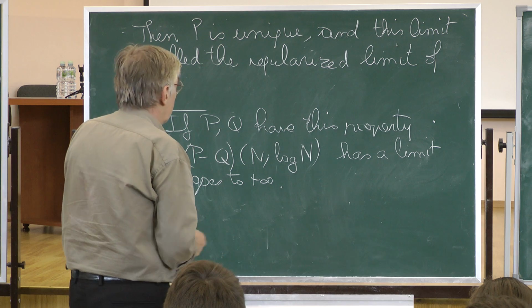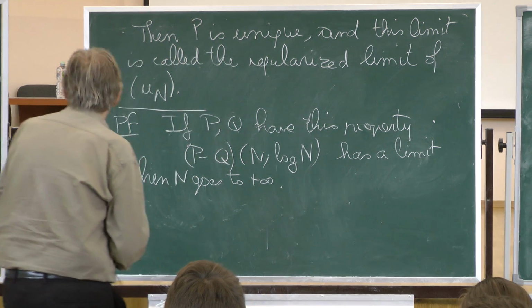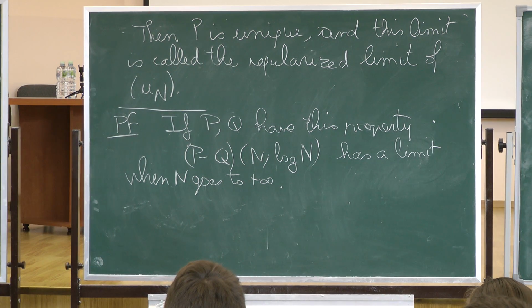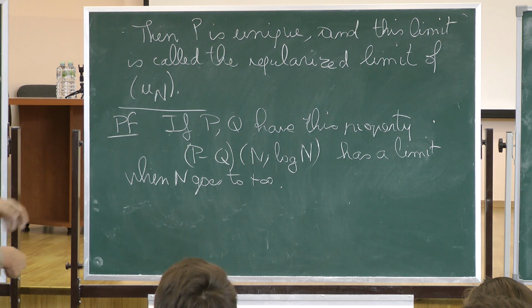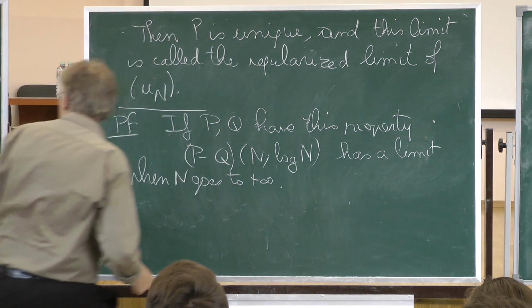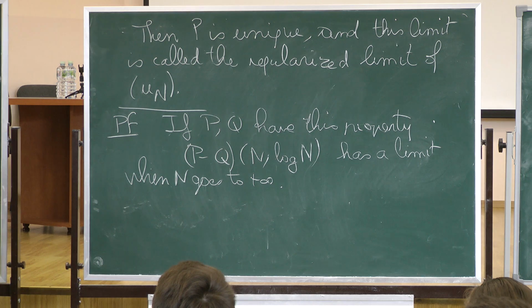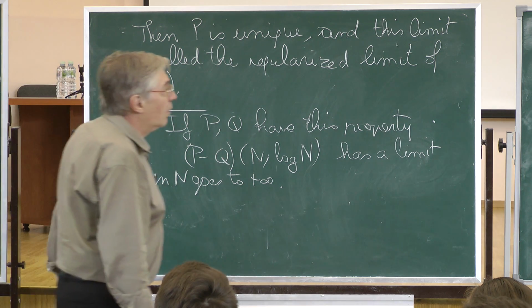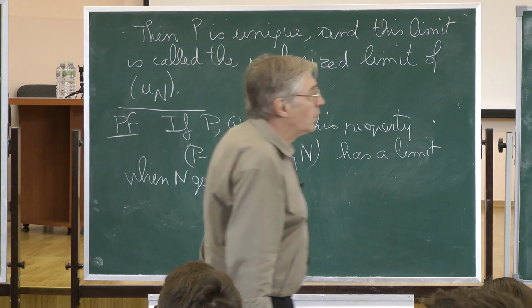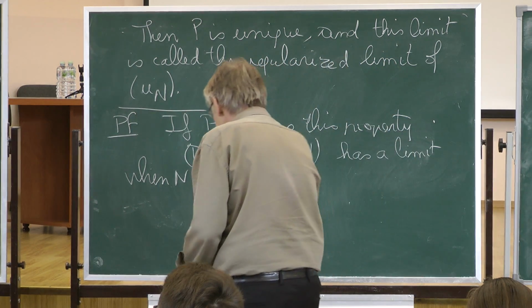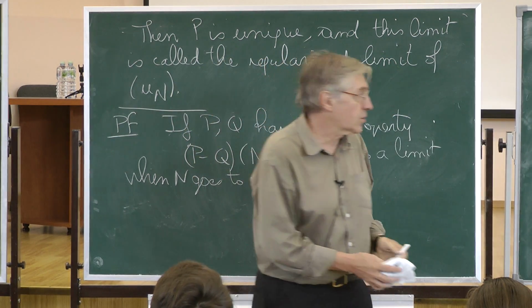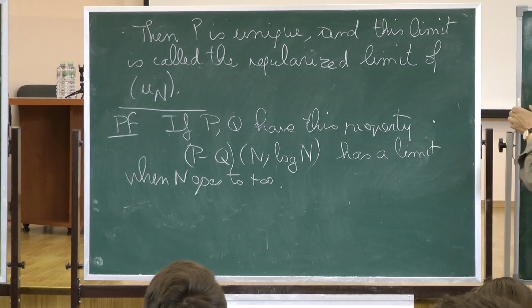And so this explains that you have generally only one choice. When there is one, it is unique. And then if it is unique, we just remove this kind of thing from our sequence and we get a regularized limit.